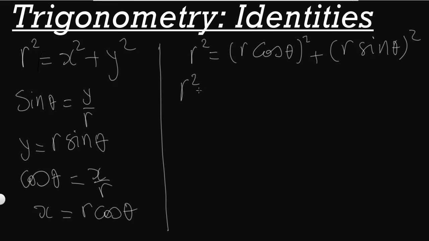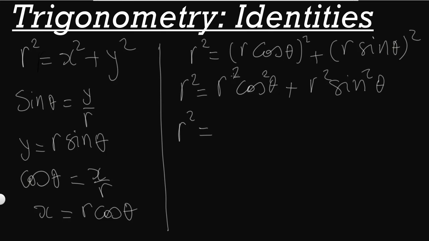Therefore we have r squared, r squared cos squared theta, plus r squared sine squared theta. So we can find the common factor here, which is r squared, and then we have cos squared theta plus sine squared theta.